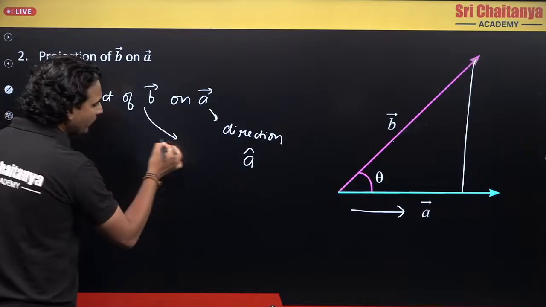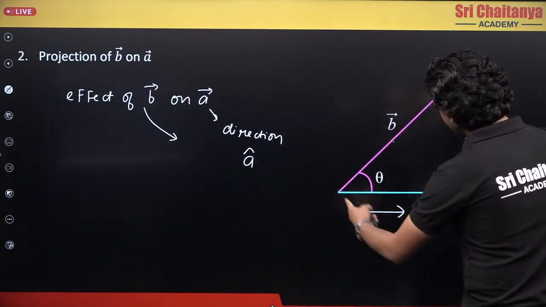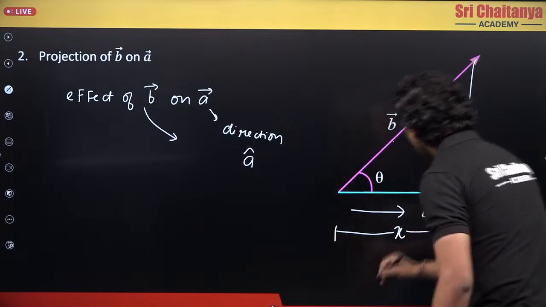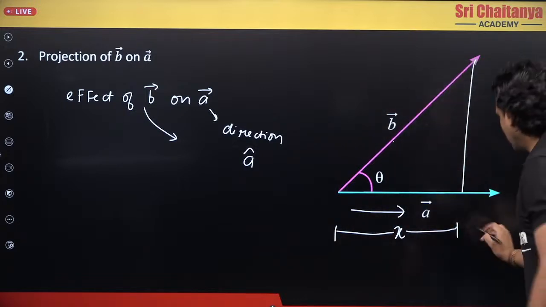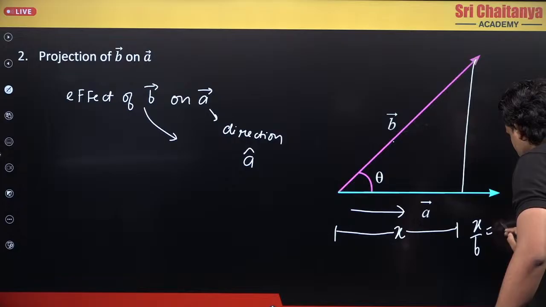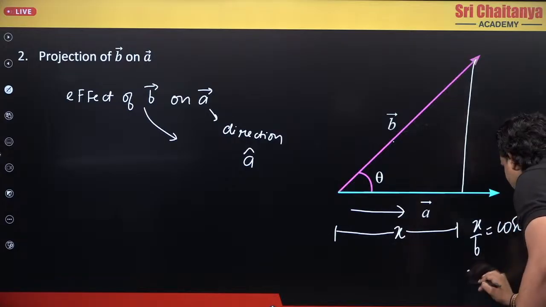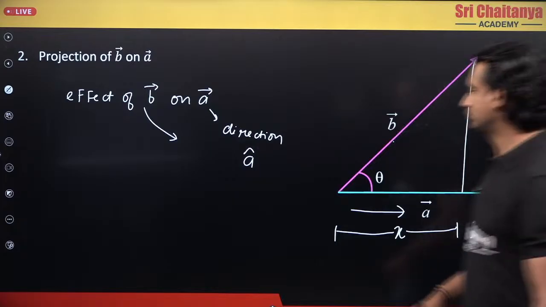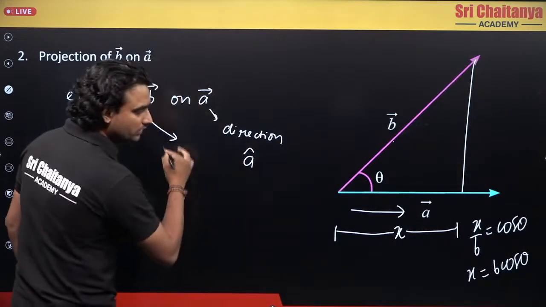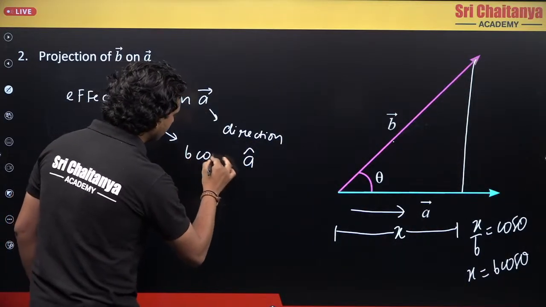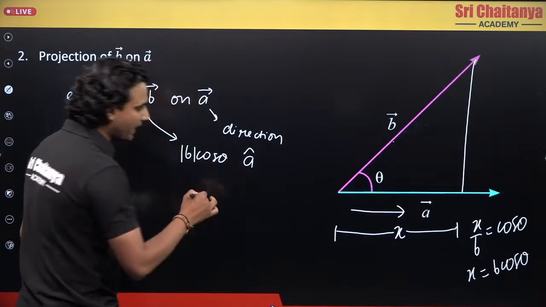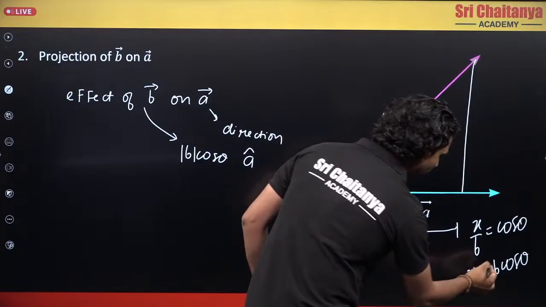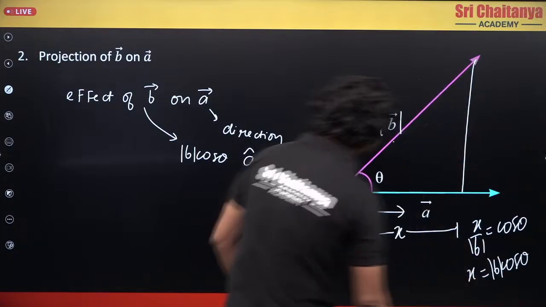Now what is the magnitude I have? If this length is B, what is this length X? For this triangle, X by B is equal to cos theta. So I can say X is equal to B cos theta. Simple trigonometry. So just substitute it here. This will be B cos theta, the magnitude, mod B cos theta.